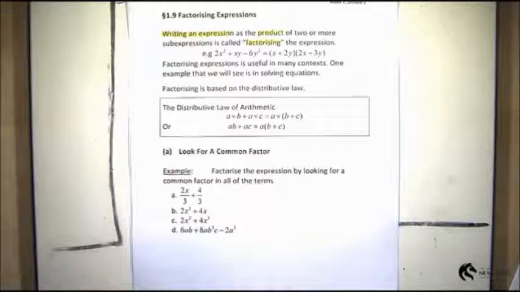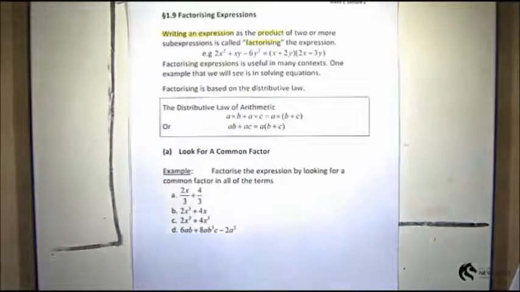Now, factorisations aren't necessarily unique, because I could also write this as 8 times 3. It doesn't have to be just 2 factors either. For example, I could write this as 3 times 2 times 4, and so forth.